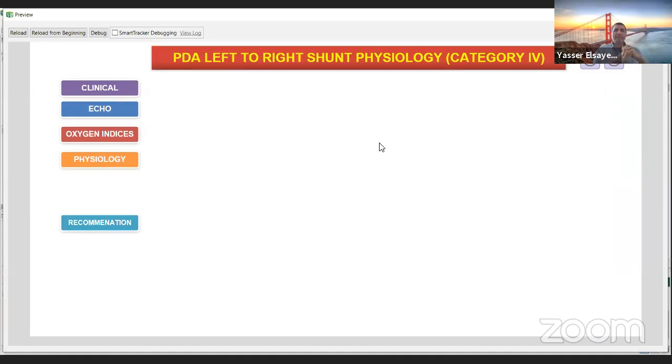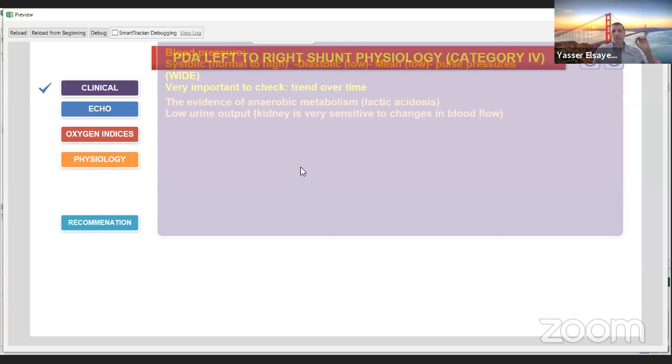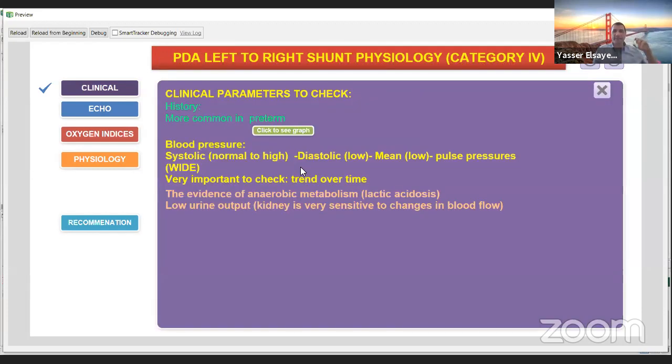Category number 4 is PDA left-right shunt. And it is very easy to understand. There is a lot of controversy around treating the PDA at all, or treating by medical means and avoiding surgical treatment, or treating by surgery if the medical treatment failed to close the ductus.